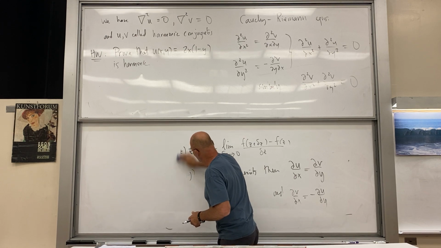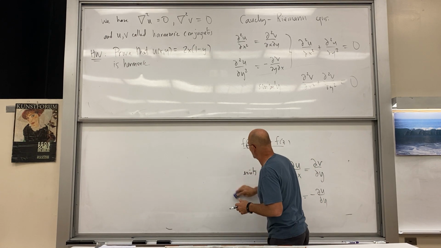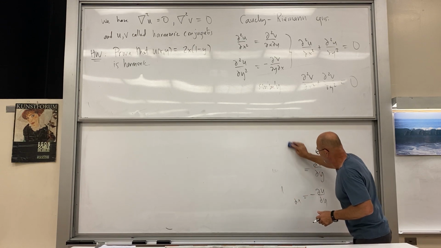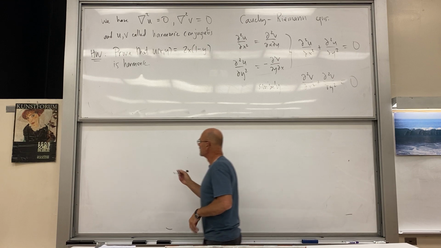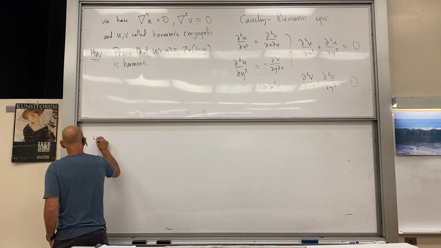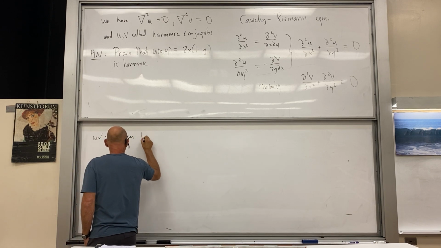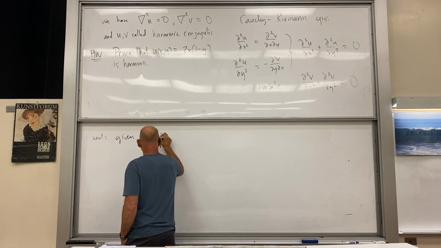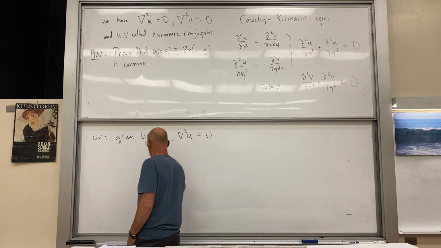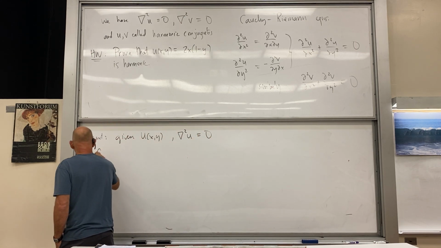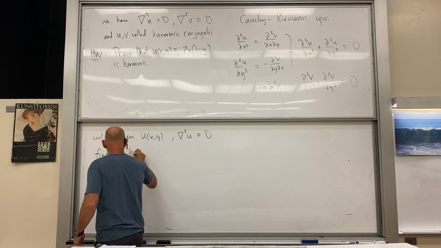So the question is, if you have one of those, how can you find its harmonic conjugate? So next, given u of x and y, del squared u is equal to 0, find its harmonic conjugate.